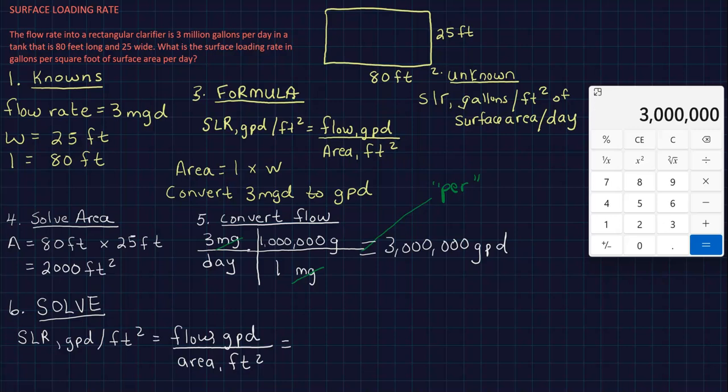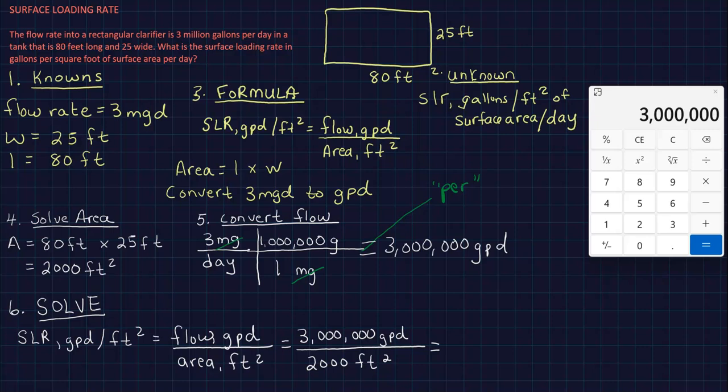Our flow is 3 million gallons per day. We divide that by our area of 2,000 feet squared. And now that equals whatever the calculator tells us. We already have the 3 million probably left in there.